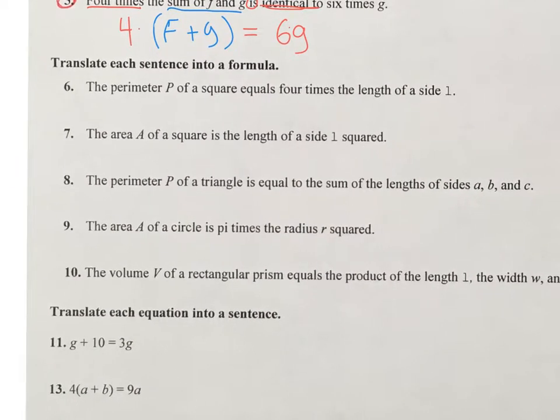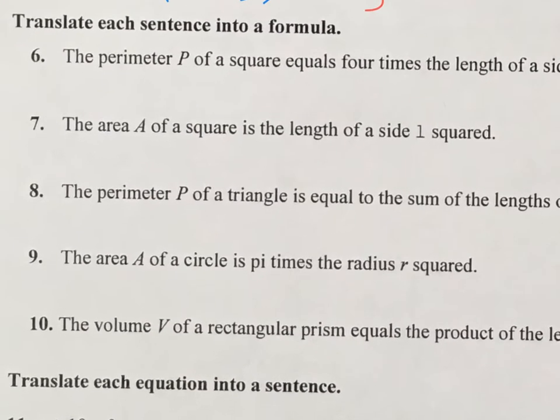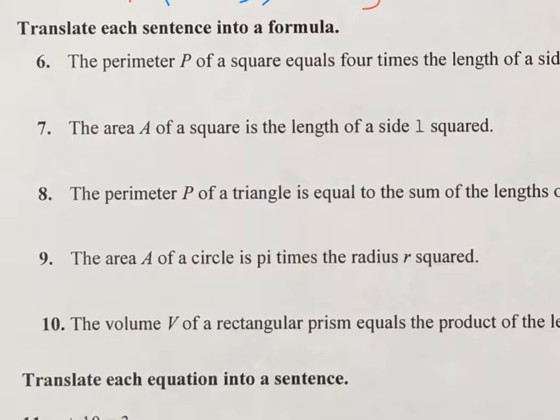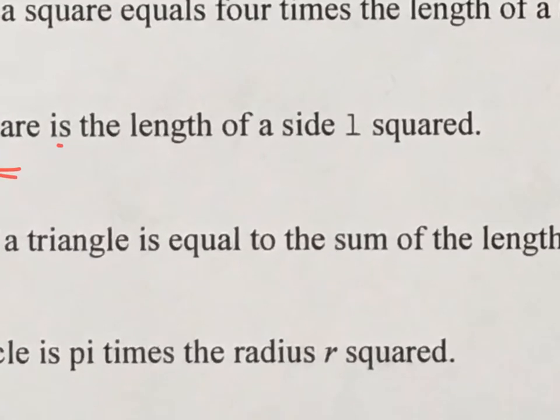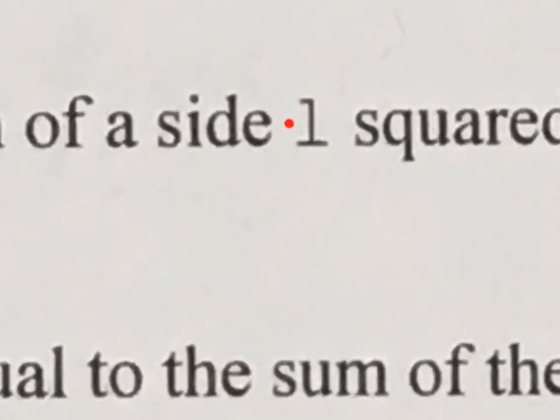Let's do, I don't know, pick one. 7 or 9? We did the odd ones. 7? Okay, it says, translate each sentence into a formula. Okay, the area A, so let's just write down A, of a square is, that means equals, A equals the length of a side squared.